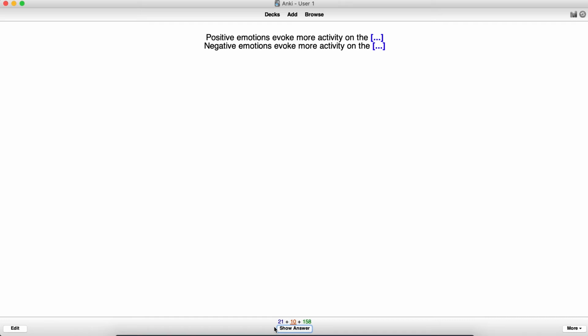Positive emotion evokes more activity on the left side of the brain, while negative emotion evokes more activity on the right side. Think of it like: I got a bug bite on my right arm, and I was sad about it. So, negative emotion on my right side of the brain, and my left arm, it's all fine. So I have positive emotions on the left side. Yeah, I don't know how to memorize that.